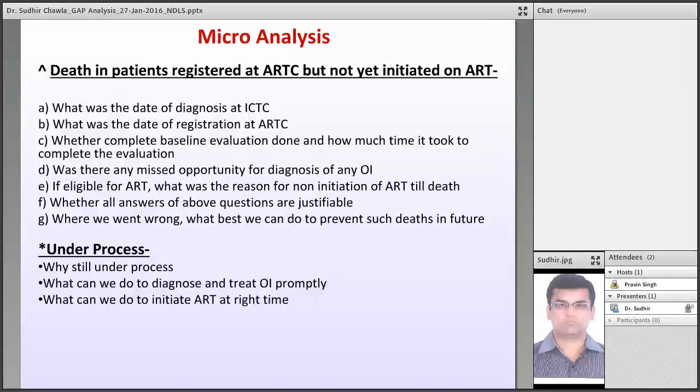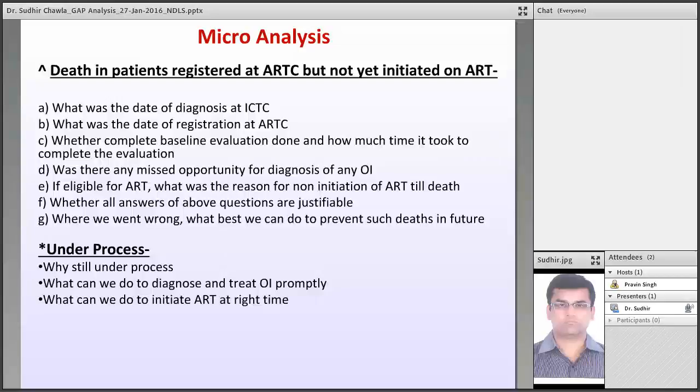After some time, the patient came to know about his HIV status and wanted to get registered at his own district ART center. After the patient is registered there, that ART center informs you about the registration, and then you are transferring out.